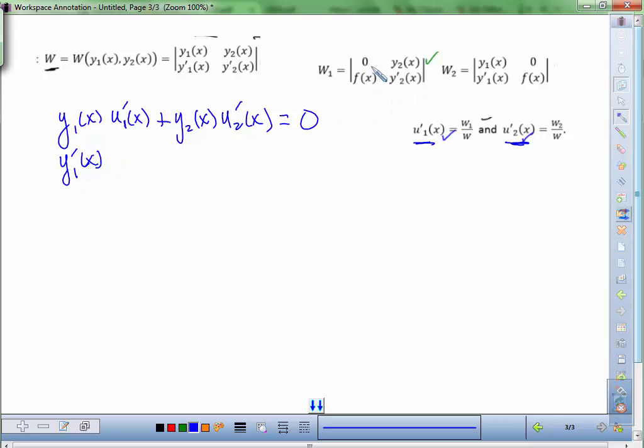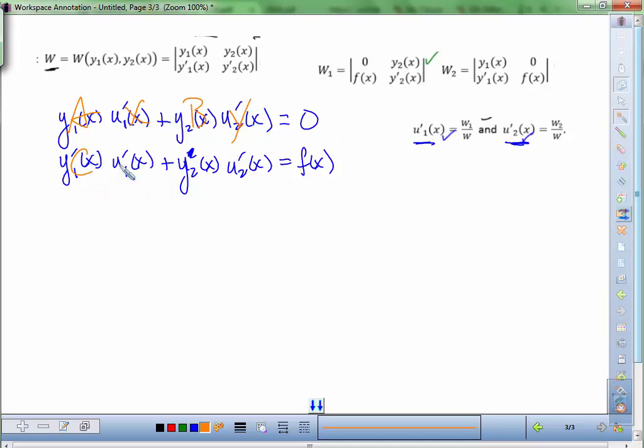So this is equal to the 0. This is y2. Oops, this is prime. So if you imagine this is ax plus by is equal to 0, cx plus dy is equal to e, this is exactly what we were solving for.